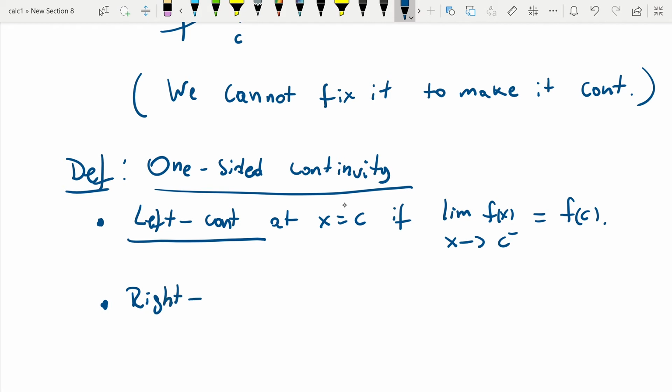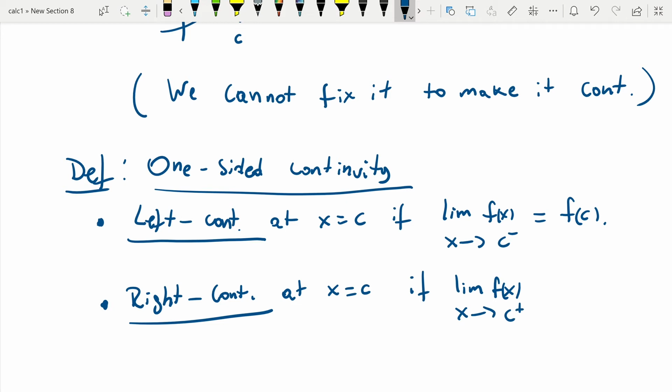and it's right continuous at x equals c if the limit of f of x as x approaches c from the right is equal to f of c.